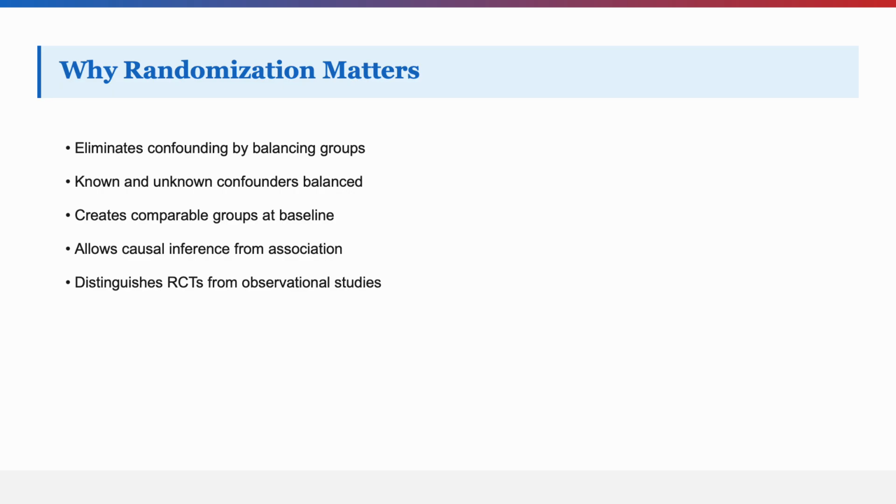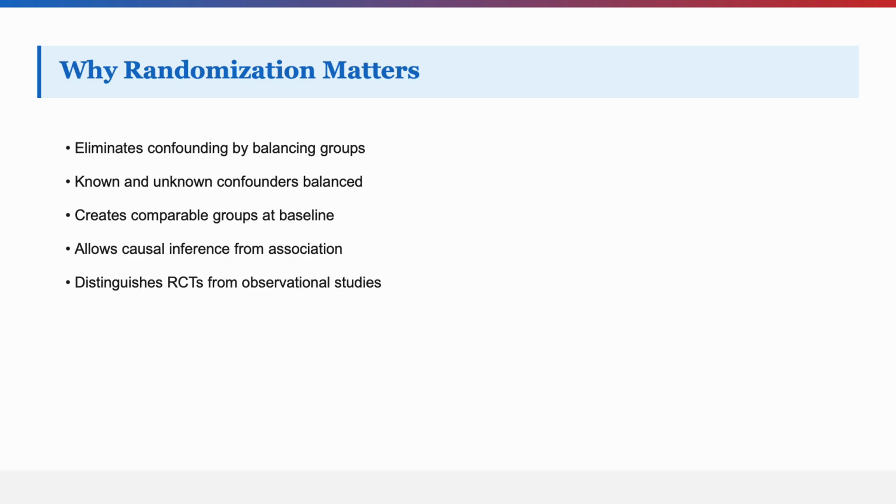With large enough samples, randomization balances all characteristics, measured and unmeasured, between groups. Age, sex, disease severity, genetics, lifestyle factors, things we don't even know to measure, all balanced by chance.